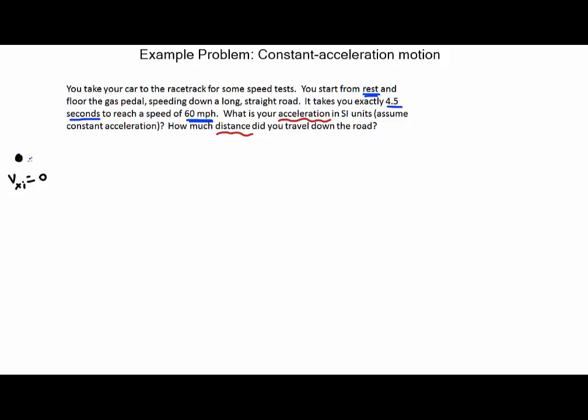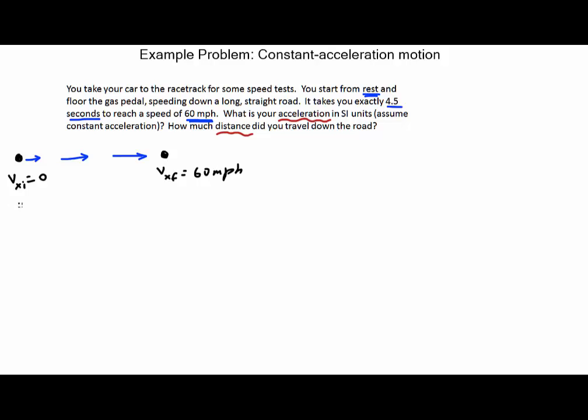And then you speed up, so if I were to show some of your velocity vectors, they will look like this. It's going faster and faster. And you reach this point over here, and by the time you reach that point, your velocity Vf or Vxf is 60 miles per hour.